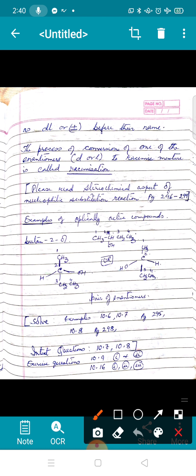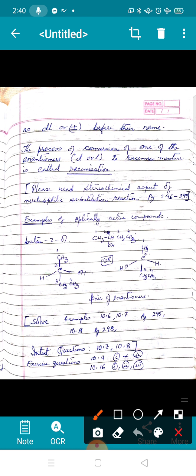As I have mentioned here in the note, please read the stereochemical aspects of nucleophilic substitution reactions from your textbook. In my textbook it is given on pages 296 to 299. The page numbers may not tally, but make sure that you go through it and find it in the textbook.